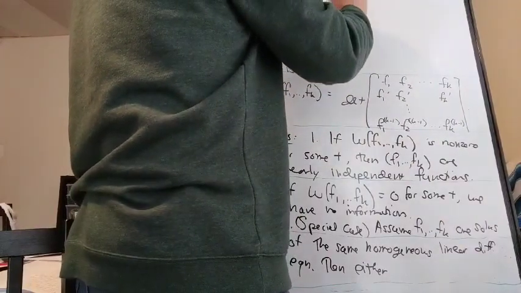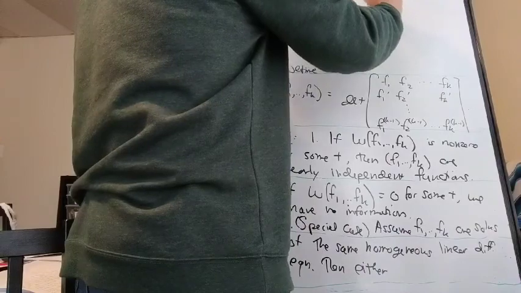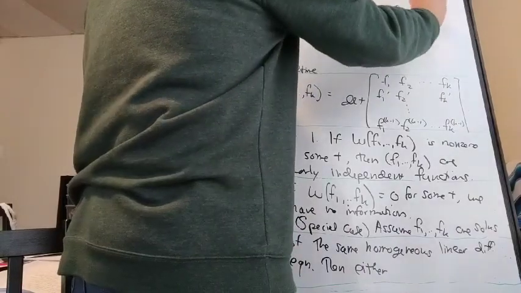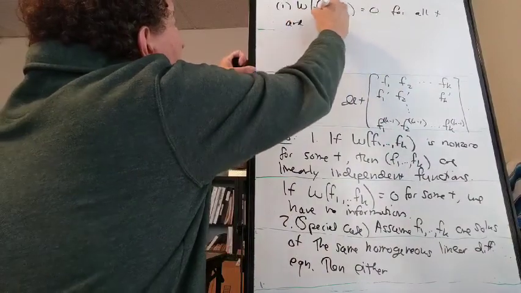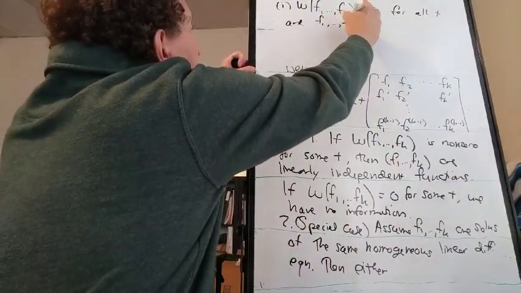Either one, the Wronskian of these functions is non-zero for all t, and the functions are linearly independent.